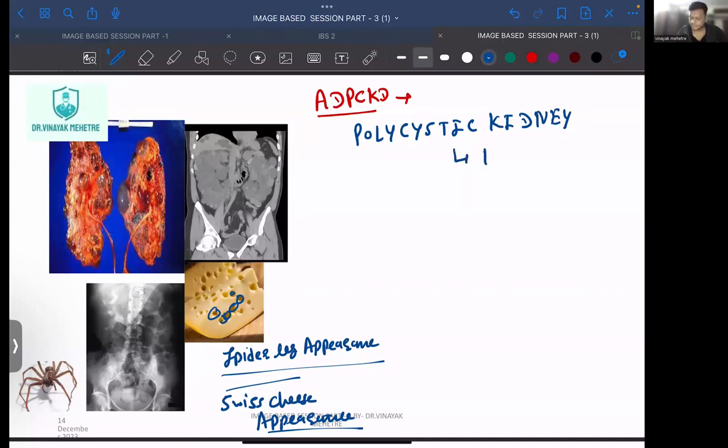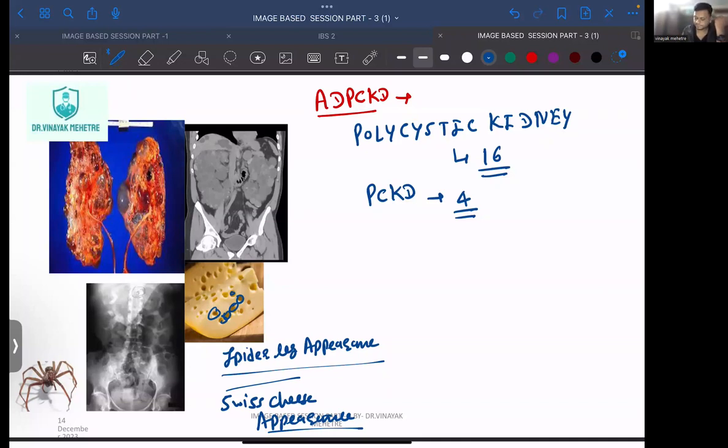So the gene associated is 16. And one more gene you can remember by this: PCKD. How many alphabets are there? 4. So adult polycystic kidney disease is associated with chromosome number 16 and 4.